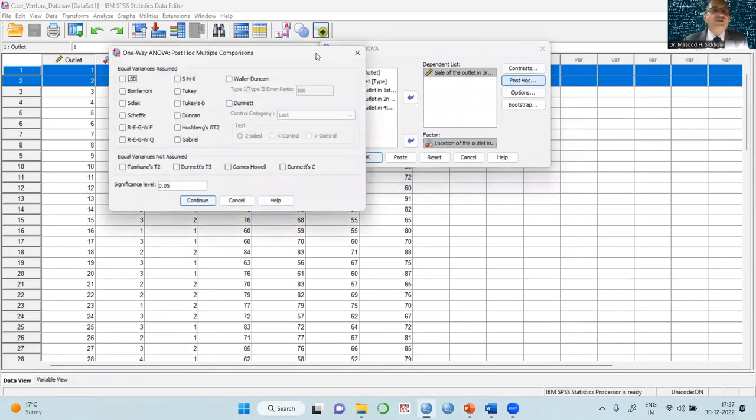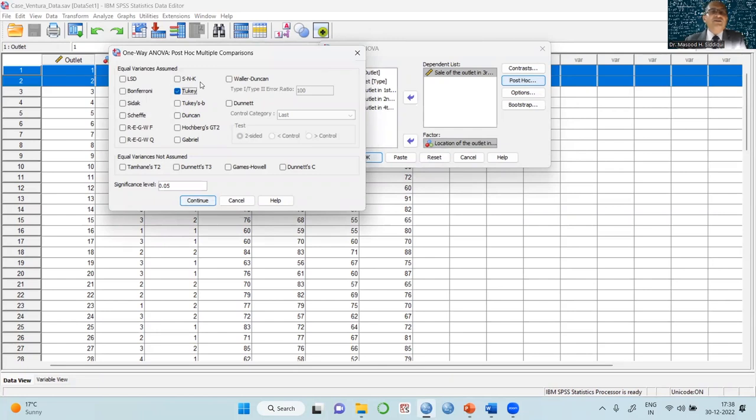This post hoc is in the form of multiple comparison and it holds meaning if H0 is rejected. It is just an extension of the t-test. As we have discussed, there may be equal variances or unequal variances, so we take an appropriate test. Suppose we take Tukey. Normally we prefer Tukey or Duncan.